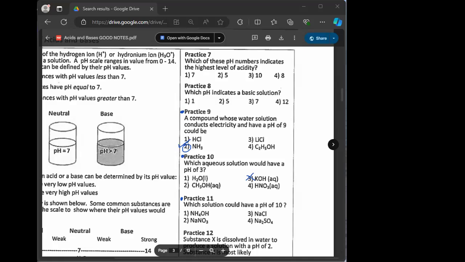Okay, so basically we're looking for an acid. Acids usually begin with H. So the two substances that begin with H are option 1 and option 4. But option 1 is water, and water always has a pH of 7. So it should be option 4. Yes, ma'am. Thank you.